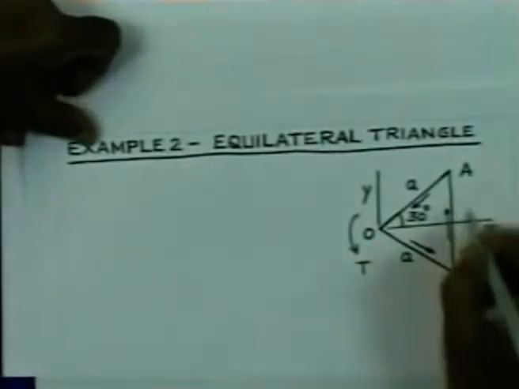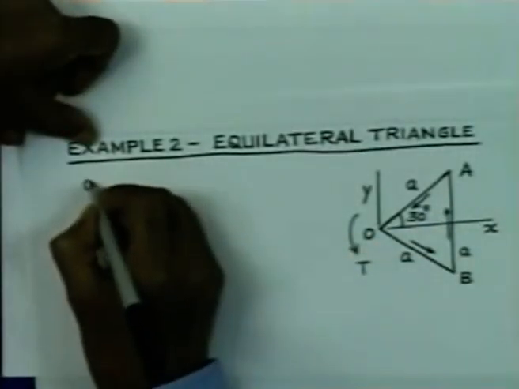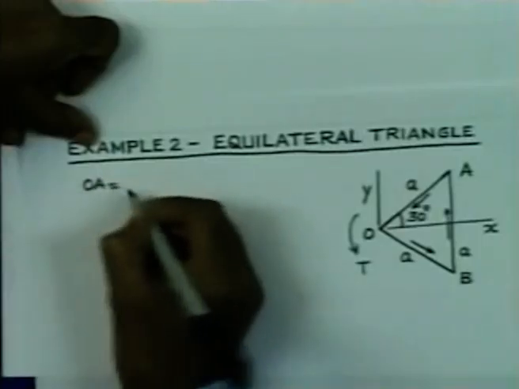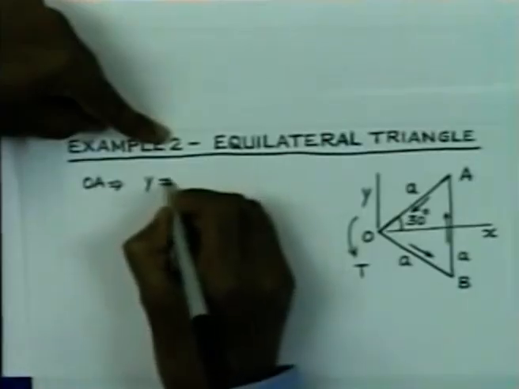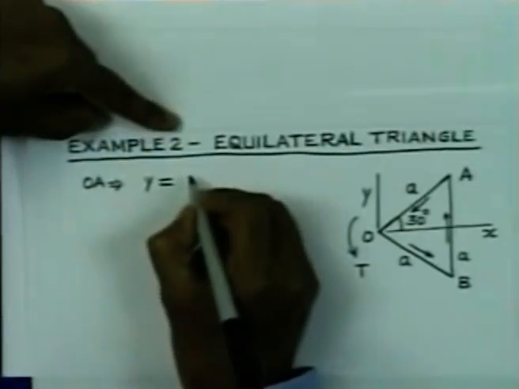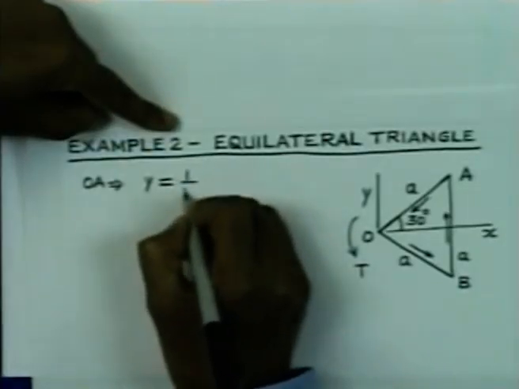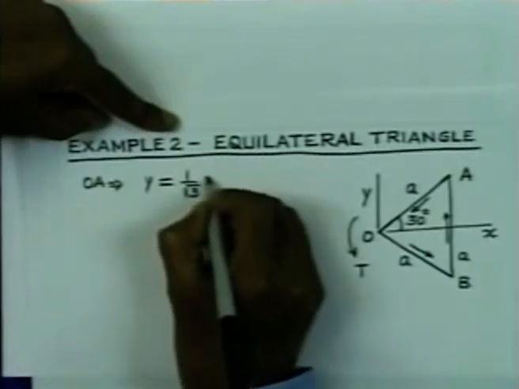The equation of the line OA is nothing but y equals tan 30 x, so therefore 1 by root 3 x.